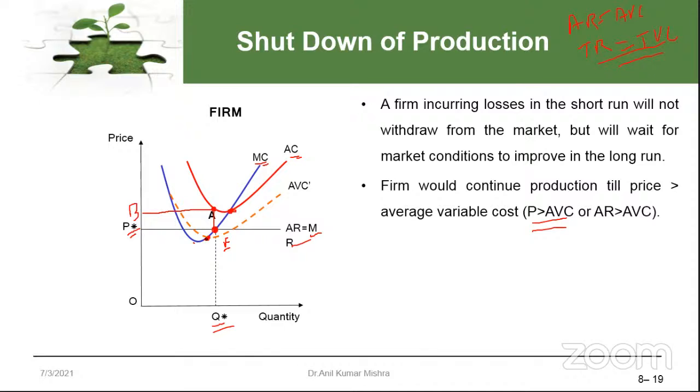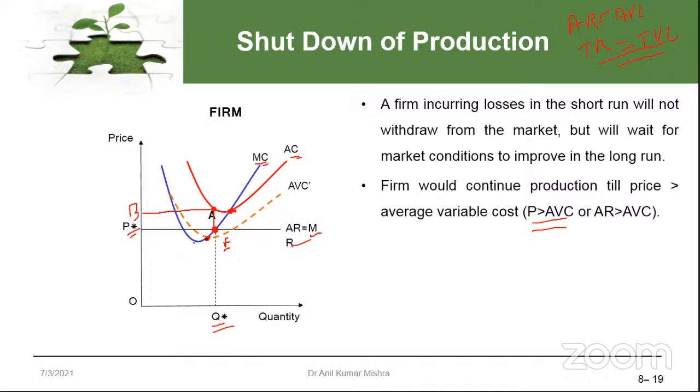So now we know the loss, as in our previous figure, our previous slide. But up to what extent will it continue to bear the losses? There is a loss because the revenue is less than the total cost. Total cost is OBAQ, where the total revenue is OBEQ. So AEPB is your loss area.